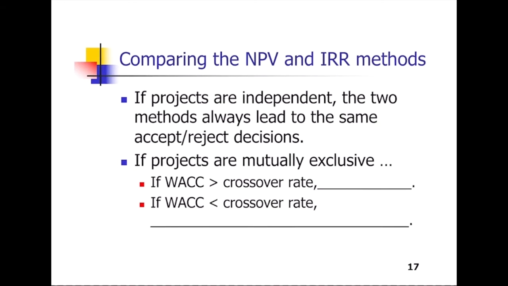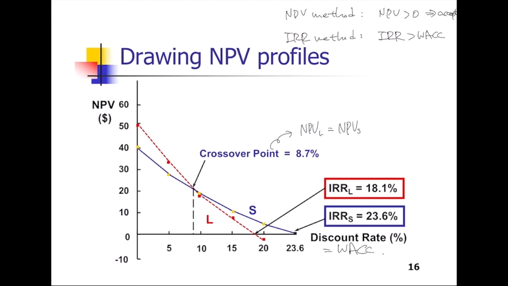The problem occurs if projects are mutually exclusive. It means what? Yeah, we can choose only one project. The problem occurs here, the left-hand side of the crossover point.